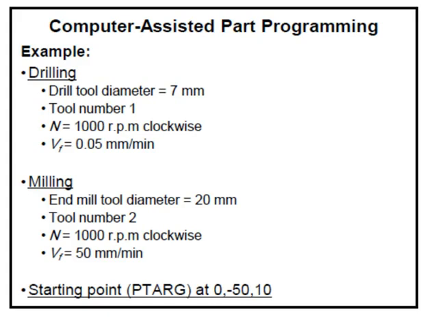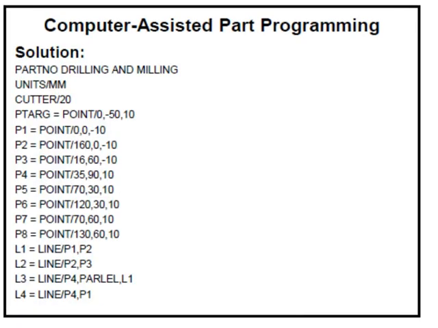The target point, the starting point, is 0, minus 50, 10. The program has been written as we have seen here. We have used a part number auxiliary statement. Unit has been specified in mm. Cutter size is 20. From the target point it has to go 0, minus 50, and so on. We have seen all those things, how to write, in the previous slide itself.